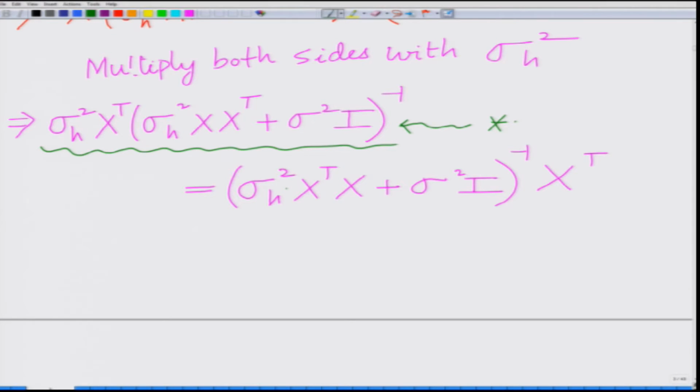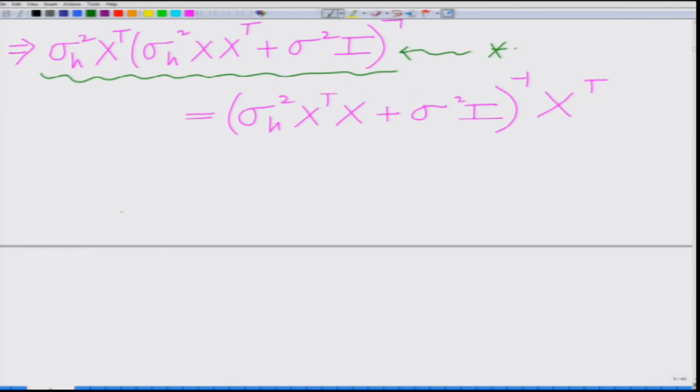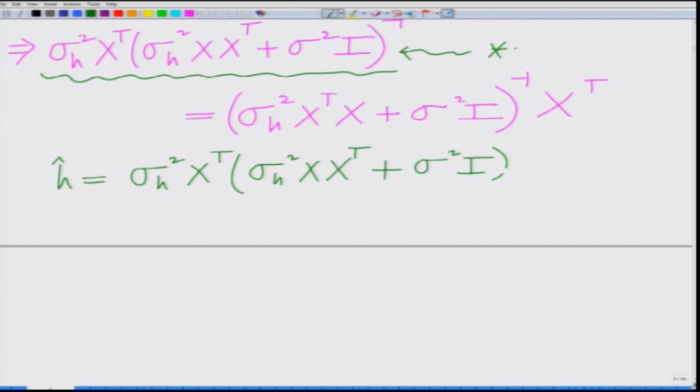So I can replace this star by sigma h square x transpose x plus sigma square times identity inverse into x transpose, and therefore I will have h hat equals, previously it was sigma h square x transpose times sigma h square x transpose plus sigma square identity inverse into y bar.